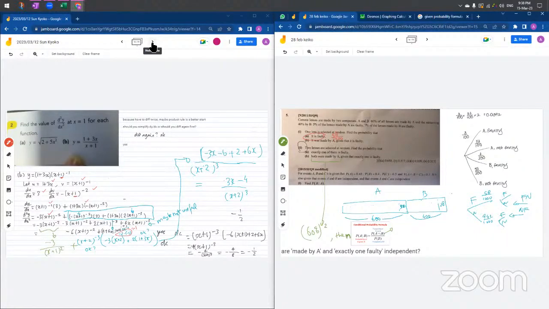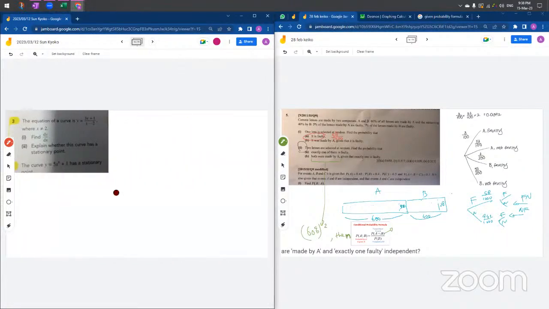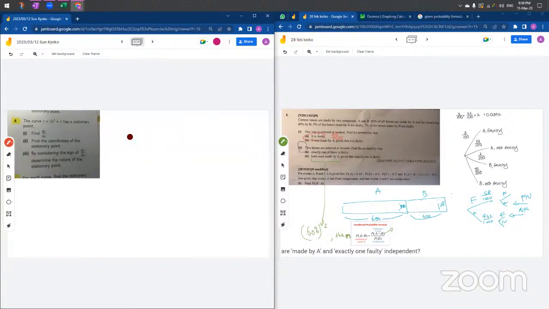If not, I'm at the next page. I'm gonna ignore question 3 for now. I'm gonna go to question 4 at page 17.